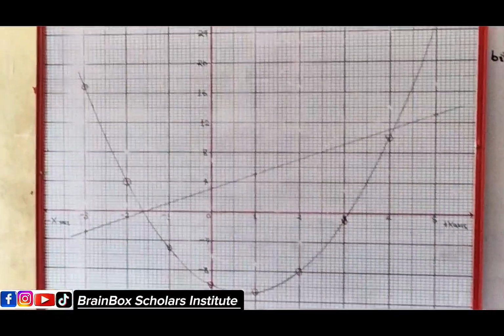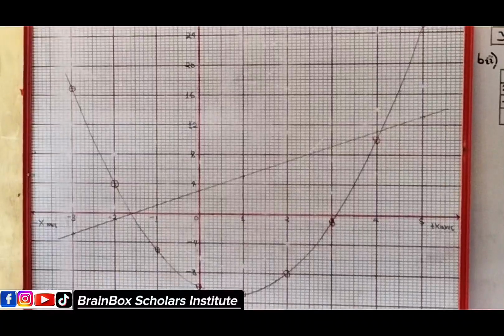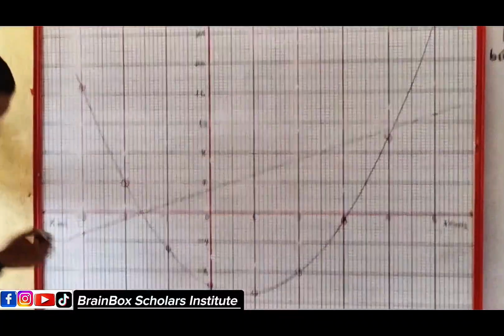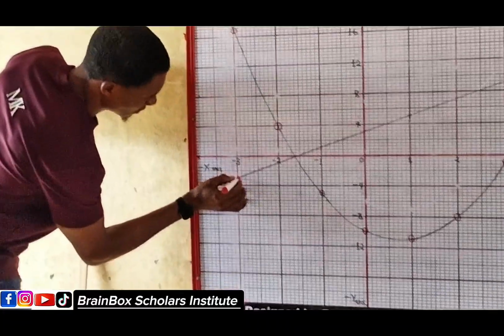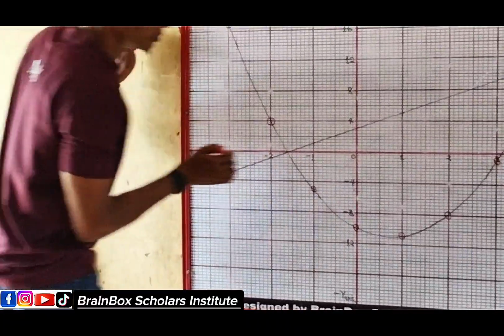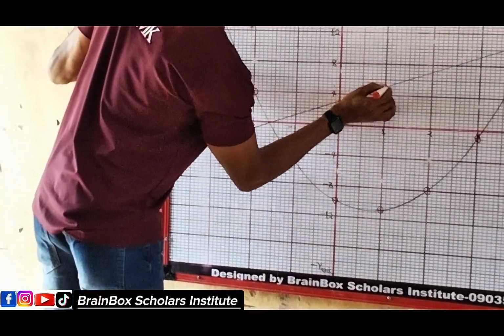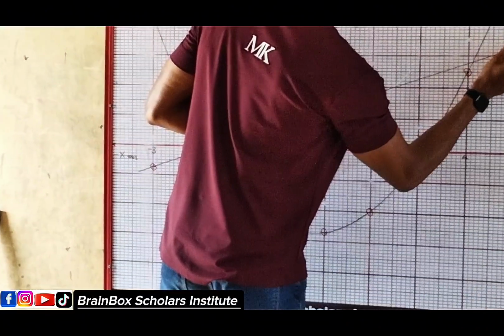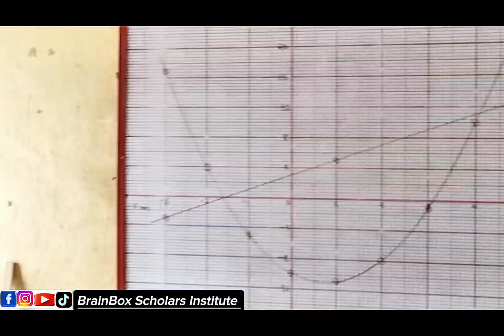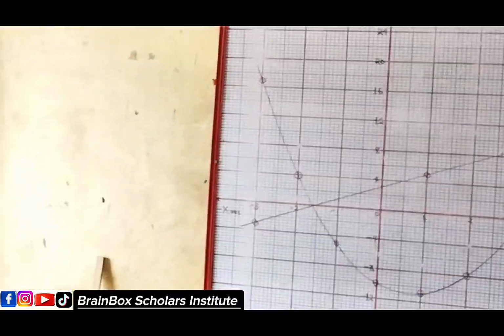Now I've gotten my straight line, okay? I will circle the points. So let me circle the points. 1, 2, and 3. So now I've gotten my points.